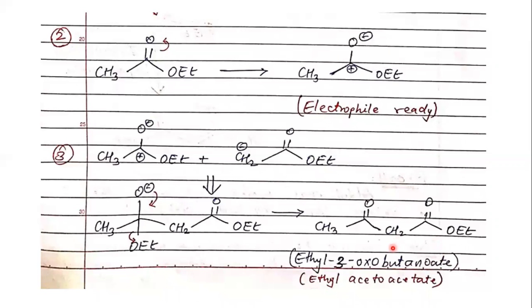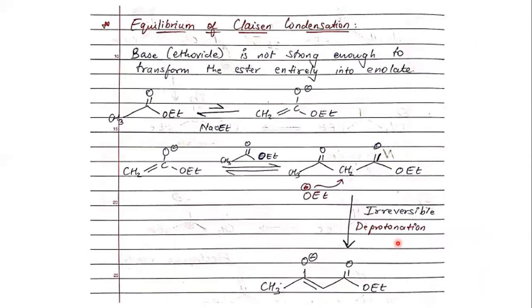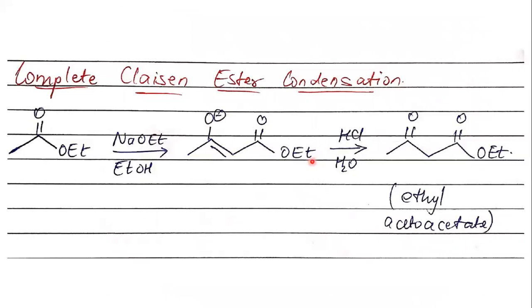So ideally, once the ethyl acetoacetate is formed, even in the mechanism, what is going to happen next is the ethoxide that is expelled from this condensation is going to deprotonate this acidic hydrogen, forming this enolate. This enolate is eventually again going to get protonated using your HCl and water, giving rise to ethyl acetoacetate. So this is your complete Claisen ester condensation reaction.